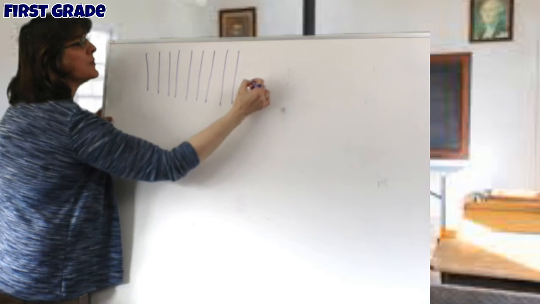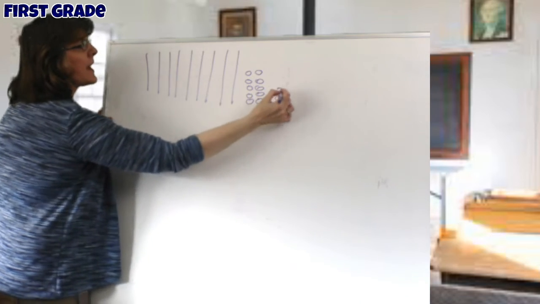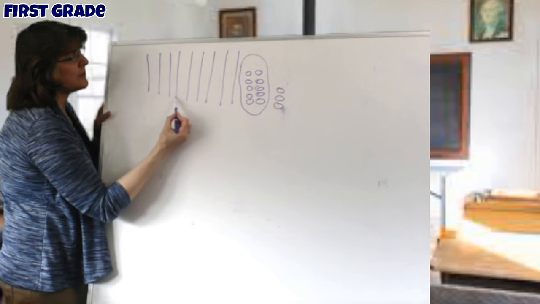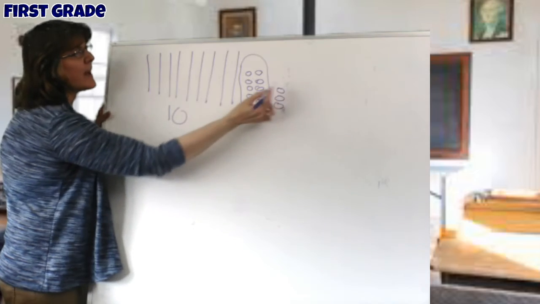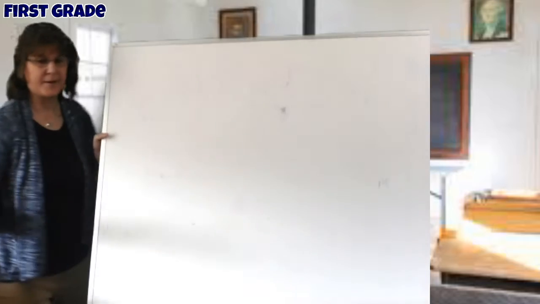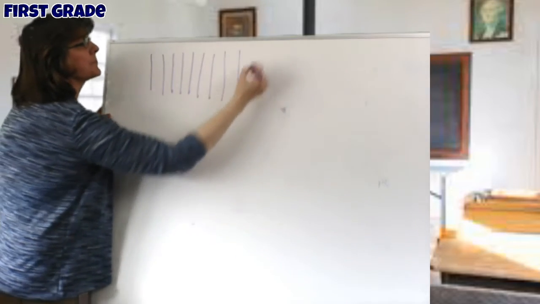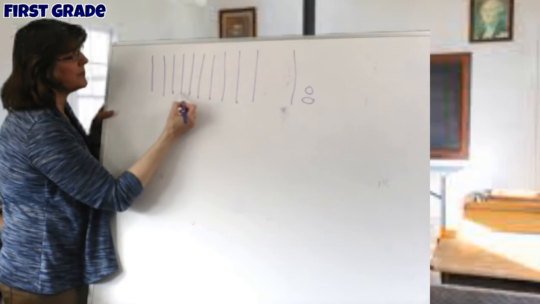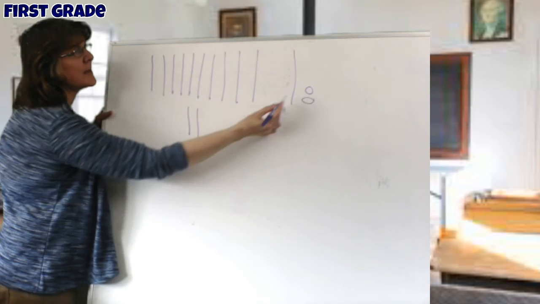And I have those ones, I need to bundle again to make a set of 10. I count my sticks, but first I want to make my loop. 1, 2, 3, 4, 5, 6, 7, 8, 9, 10 tens, and 3 ones. 103. What if I have this one? Now I count my sticks. 1, 2, 3, 4, 5, 6, 7, 8, 9, 10, 11 tens, 2 ones.